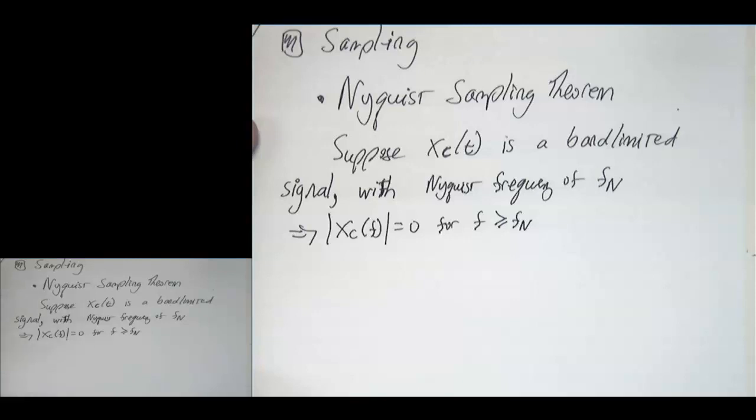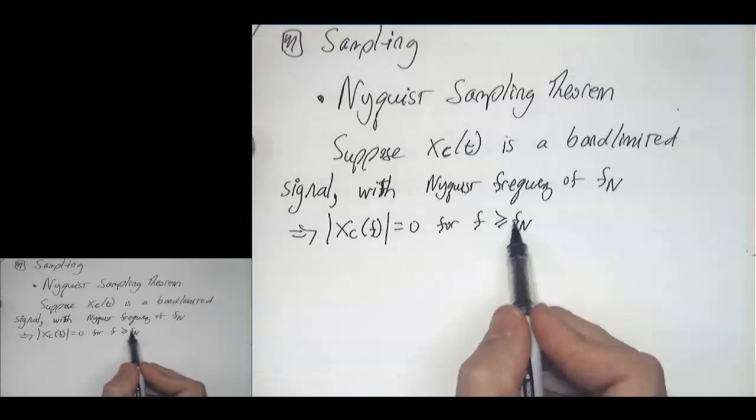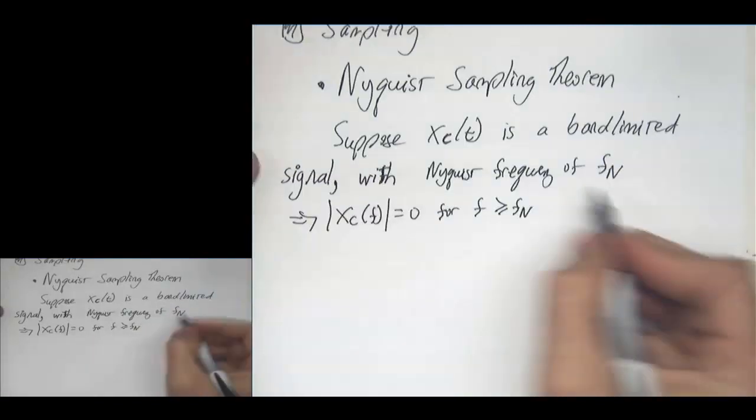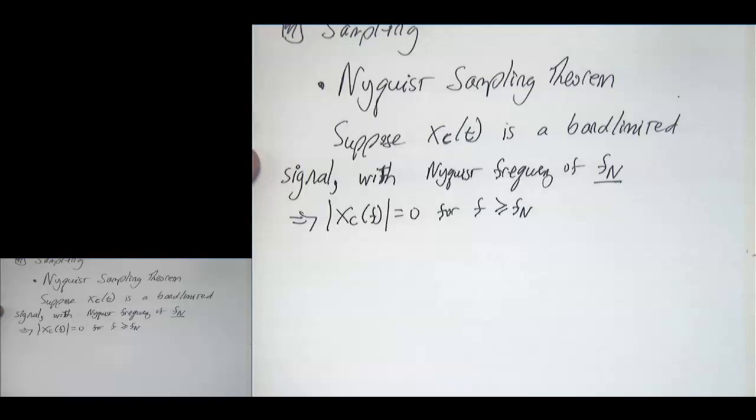And remember that there's always some tricky things that happen when you're talking about the frequencies right at the cutoff. So we call f sub n the Nyquist frequency. That's the highest frequency that's in the signal.